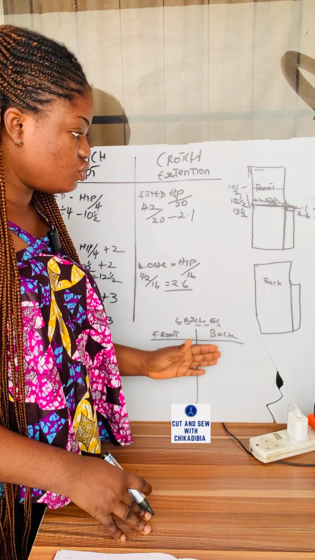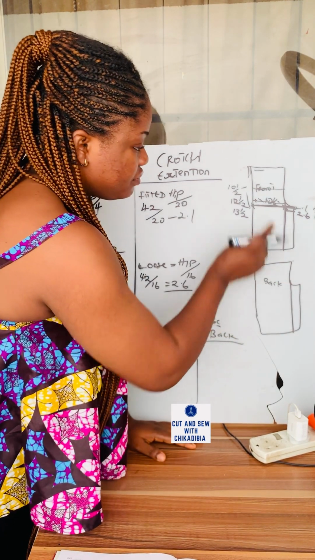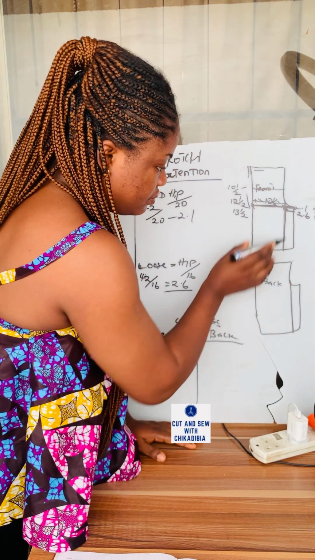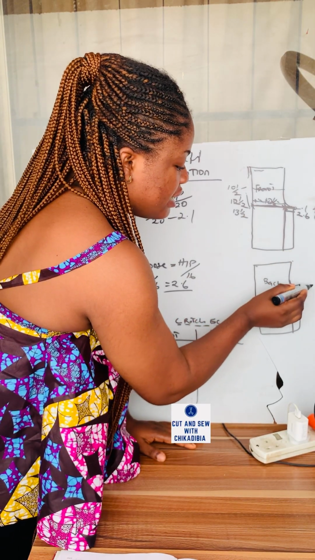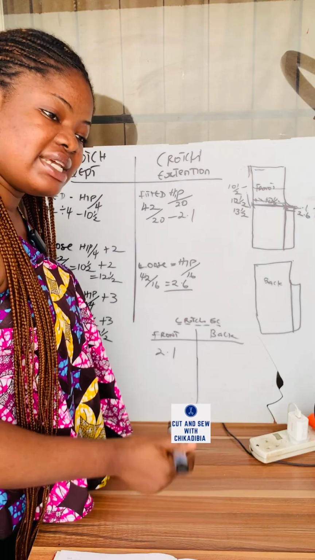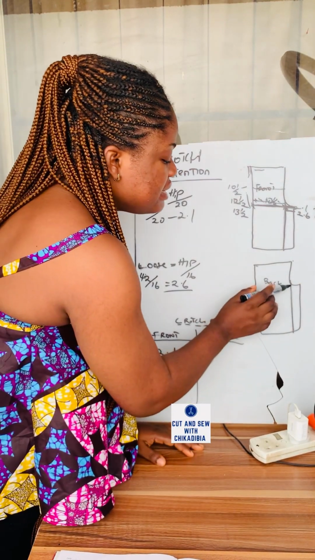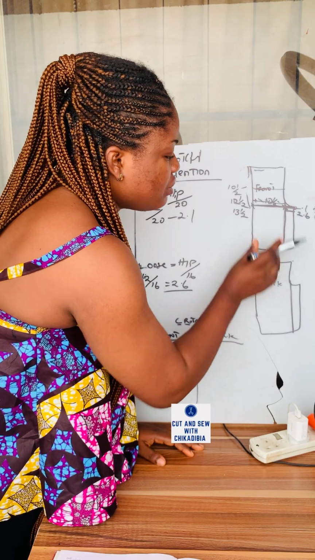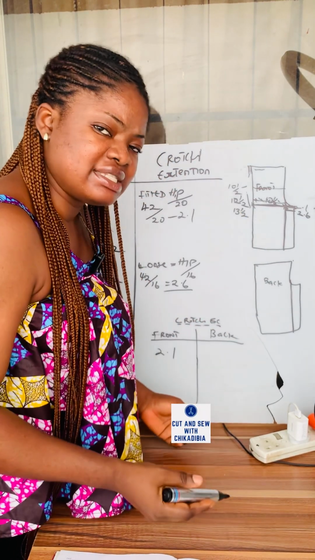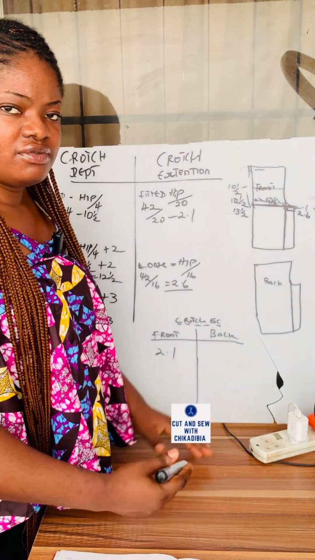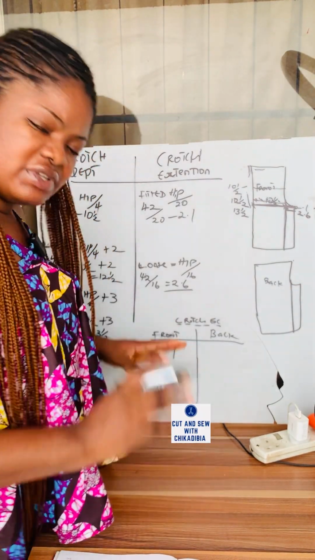To calculate what you're going to add, let's say this is the back, we are done with the front. So I'm going to add something here, so that when you wear it, it will enter inside and cover and fit perfectly. How do we get it? Whatever we have here, we're going to multiply it, so that you have enough space for the back to fit perfectly.